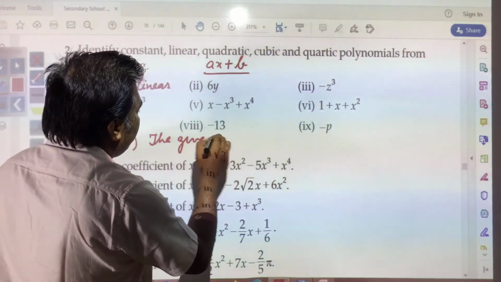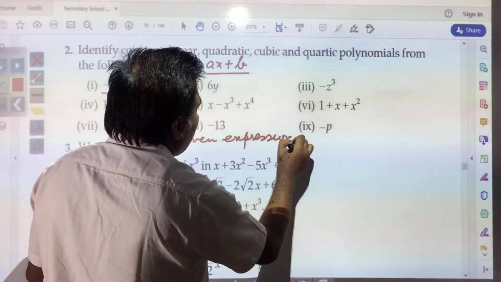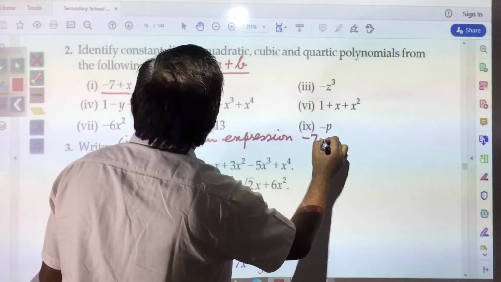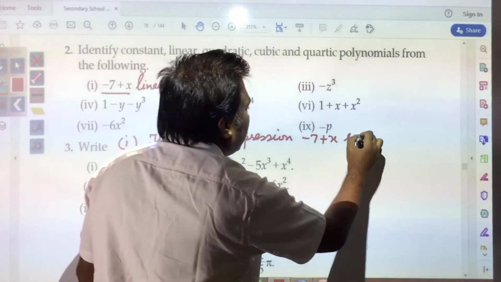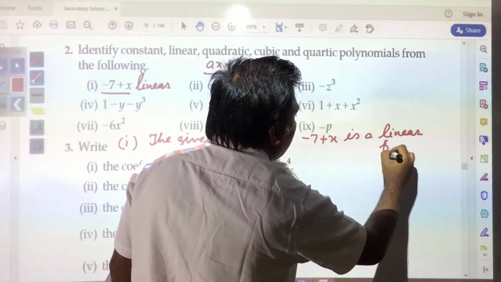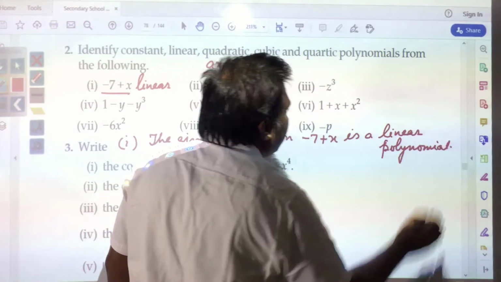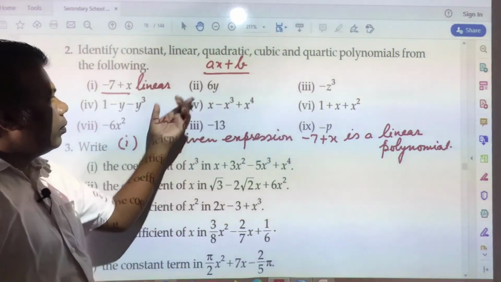The given expression minus 7 plus x is a linear polynomial. In this way the answer is required to be written for each and every one.